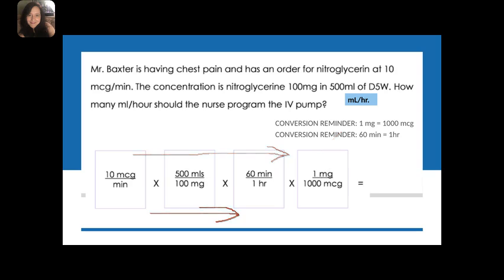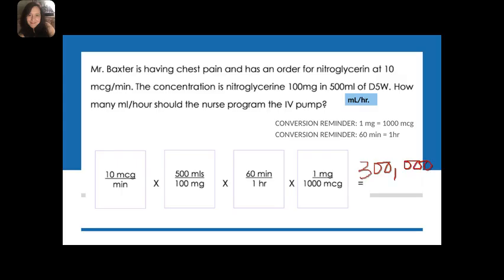So let's do some of the math, and you'll do this as well with me. So 10 times 500 times 60 equals 300,000. And let's write that out quickly. It will disappear, so you can do it on your own and check back.